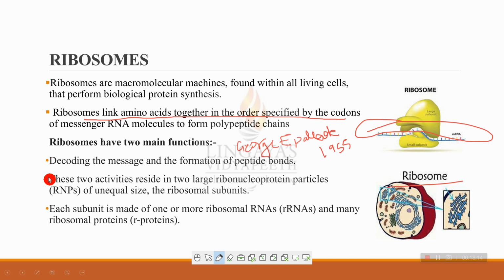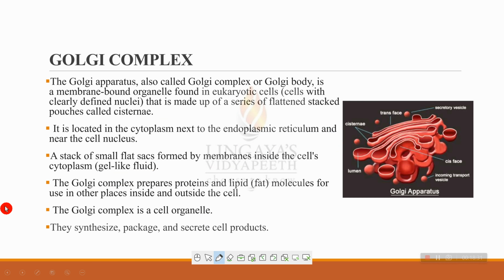The ribosome has two main functions. The first is the decoding of messages and formation of peptide bonds, and the second is that these two activities reside in two RNPs of equal size, the ribosomal subunits.